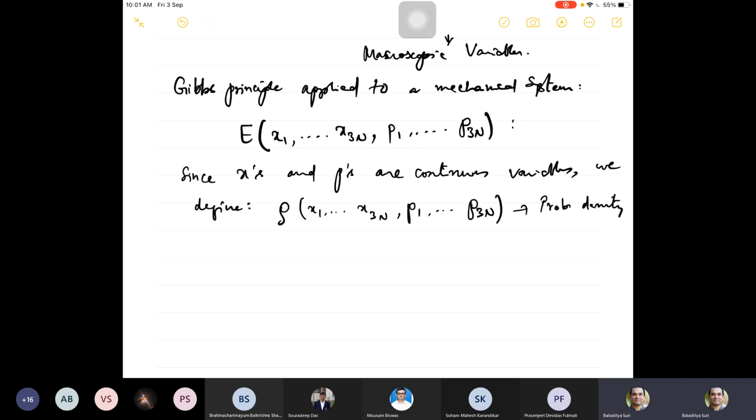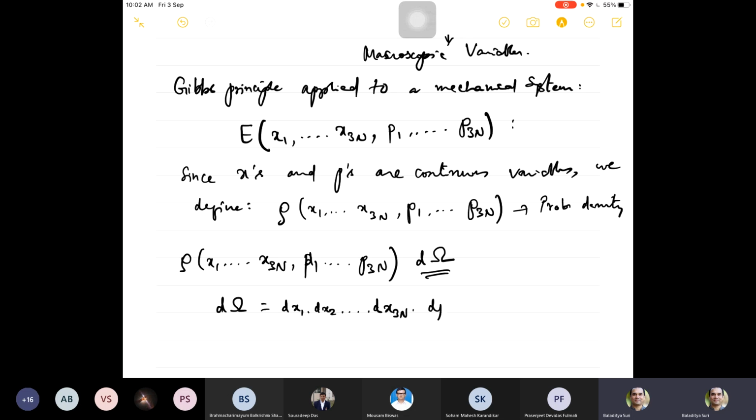Okay, that the system is at a point x1 to x3n and p1 to p3n in the phase space, and the probability that the system exists in a small, infinitesimal volume d omega of this space is given by this, where d omega is, it's a very common notation to write it as d capital omega, where d omega is nothing but dx1, dx2, and so on up to dx3n times dp1 times dp3n.